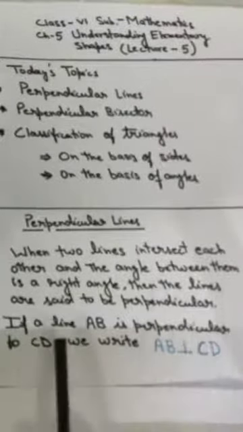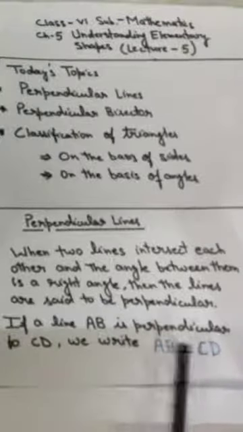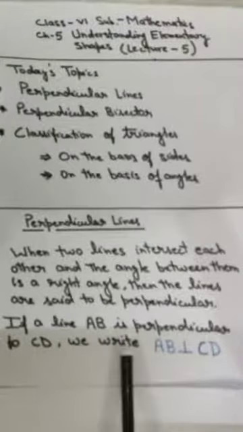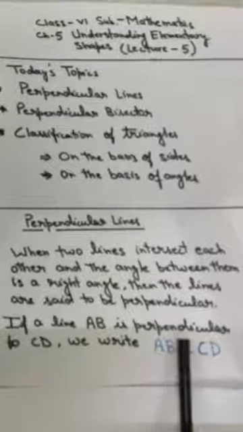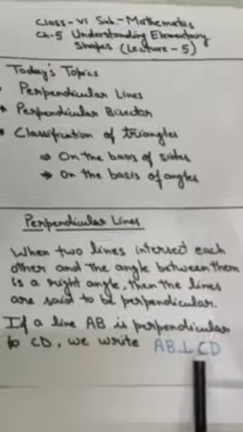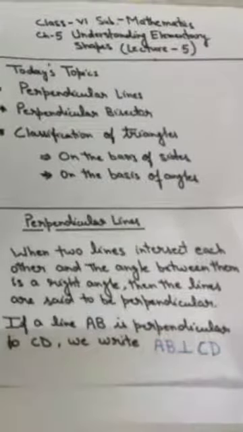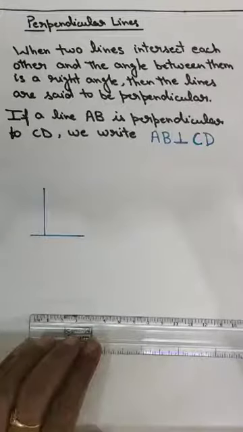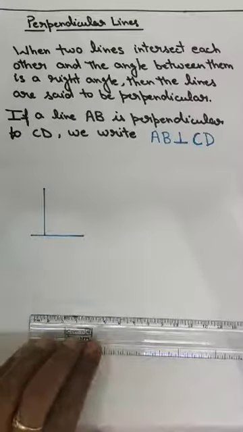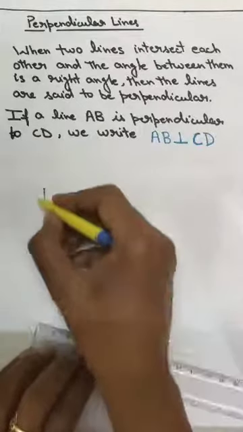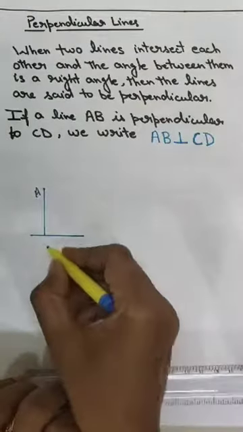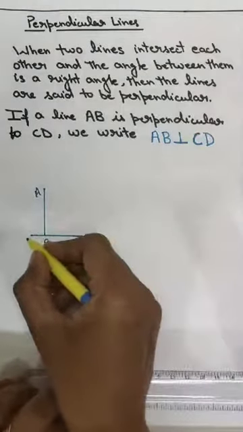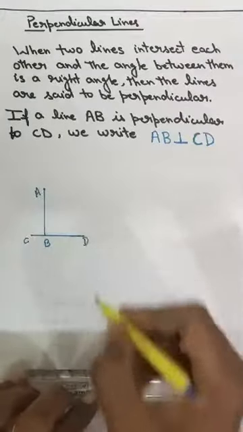If a line AB is perpendicular to CD, we write it as AB ⊥ CD. This is the sign of perpendicular. Now see these two lines. Suppose this is line AB and this is line CD.